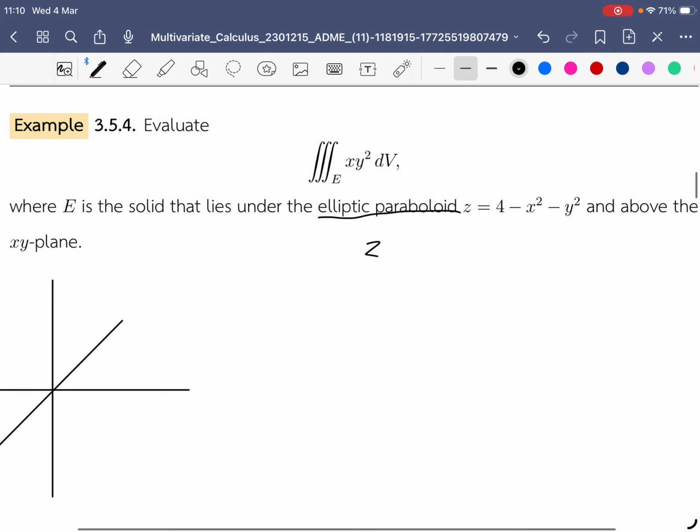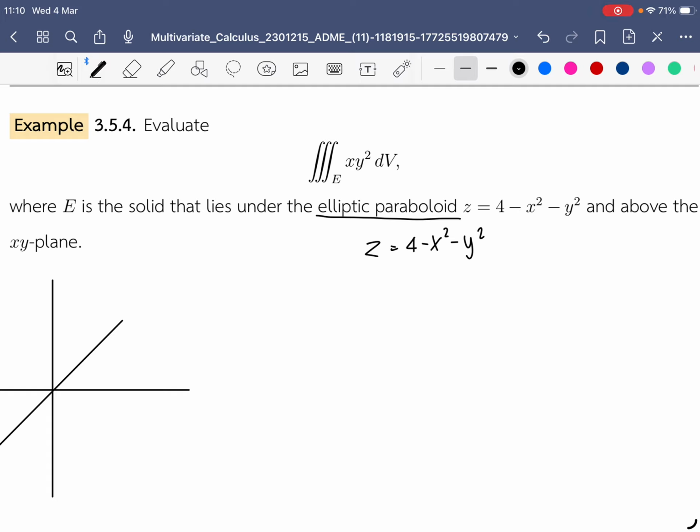You know what surface it is? It's an elliptic paraboloid. It looks like a cup shape. The negative sign in front of x and y indicates that it's upside down.